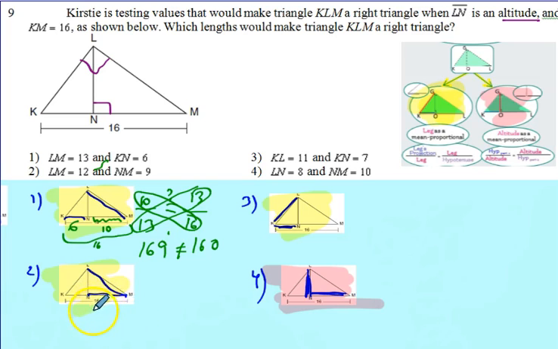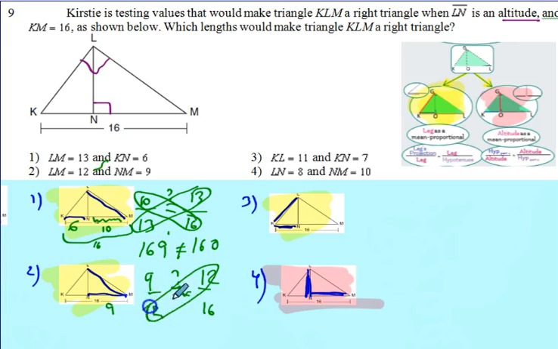So let's check situation number 2. The rule is leg mean proportional. For leg is LM. The value is 12. Between the projection, that's NM on our diagram, and the entire hypotenuse, which we know is 16. So we are checking if left equals right.